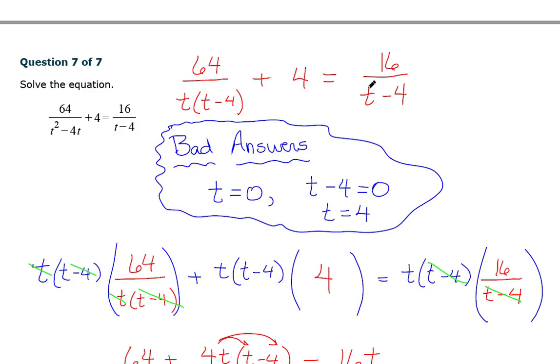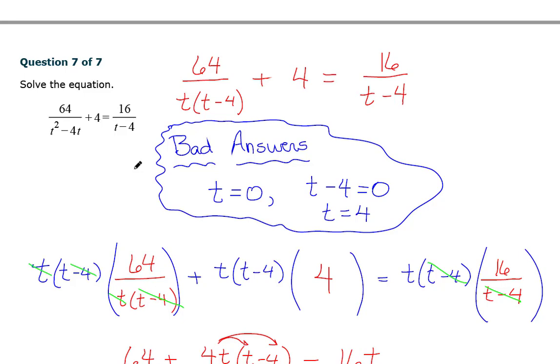Well, pretty clearly, if t is 4, 4 minus 4, 0. So I don't want 4, but I also don't want t to be 0, because 0 times anything is still 0. So my bad answers would be 0 and 4.